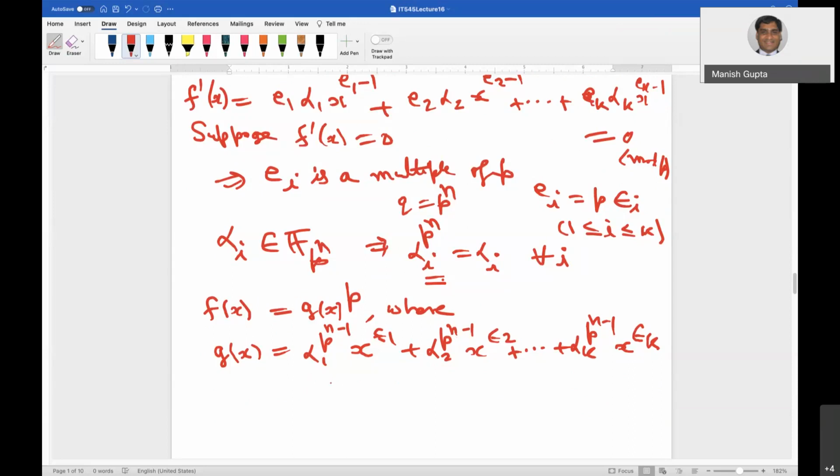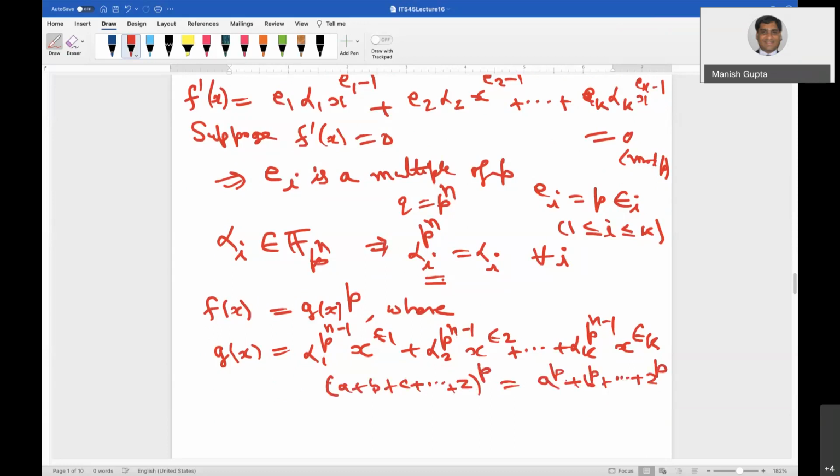Since the characteristic is p, remember a plus b plus c, up to z, whatever size, raised to power p is the same thing as a raised to power p plus b raised to power p, and so on, z raised to power p. Because the characteristic of the field is p, you can do this expansion.